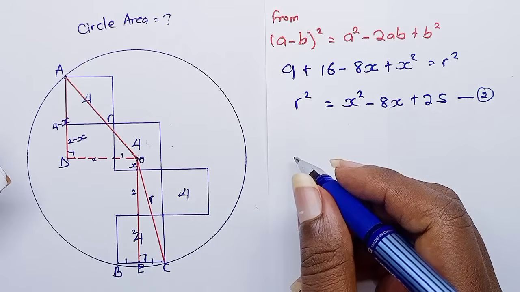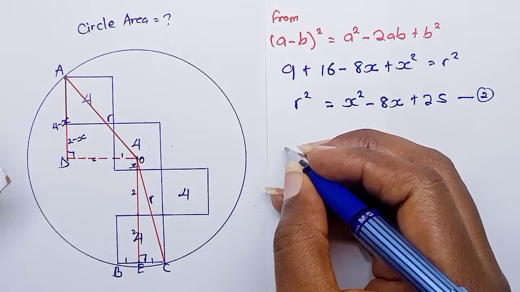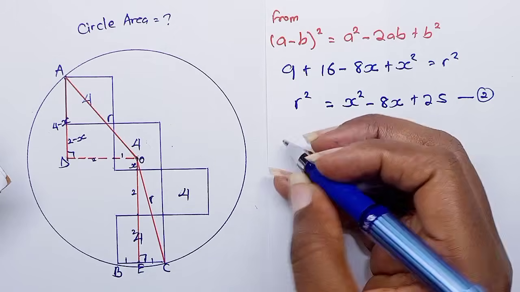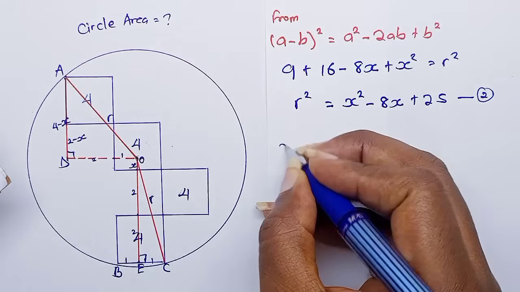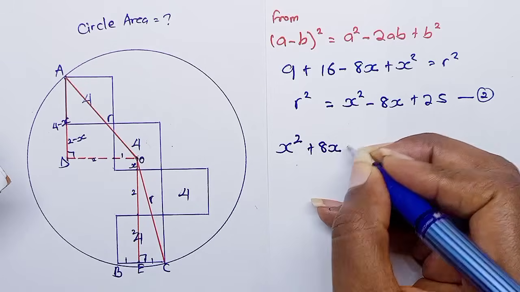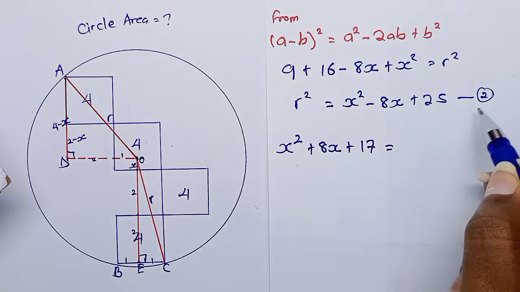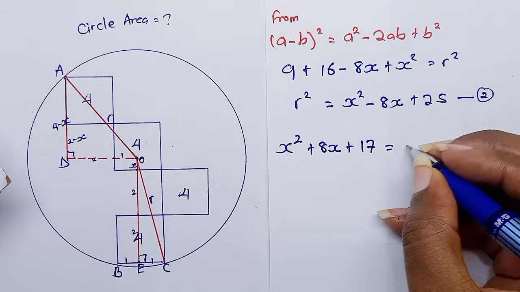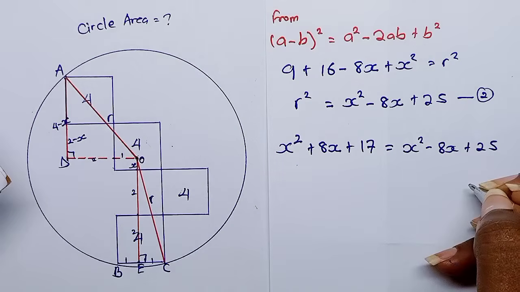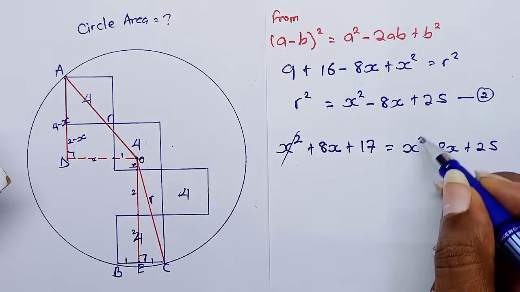Since they're both for r squared, we're going to equate equation 1 and equation 2. So r squared from equation 1, x squared plus 8x plus 17, is equal to r squared from equation 2, x squared minus 8x plus 25. Now, as you can see, x squared cancels.